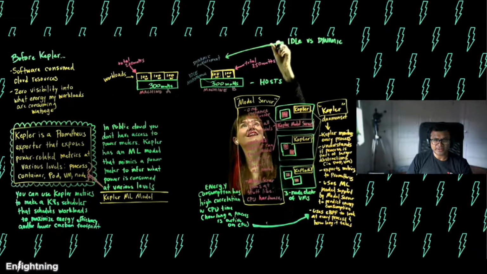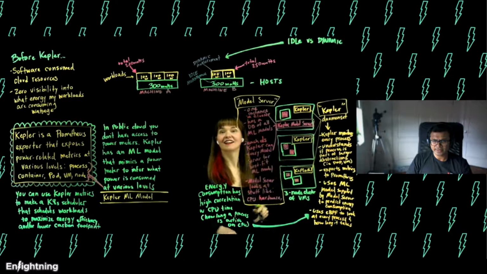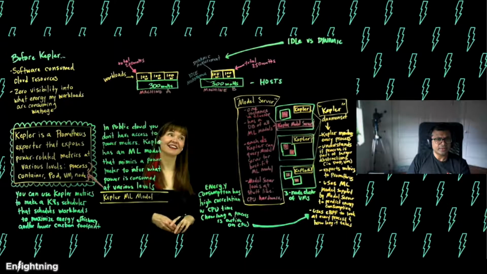I'm not sure if there are tools that actually calculate the idle and dynamic other than Kepler.